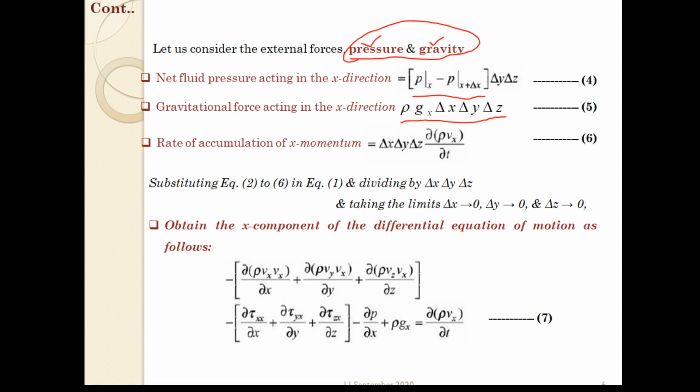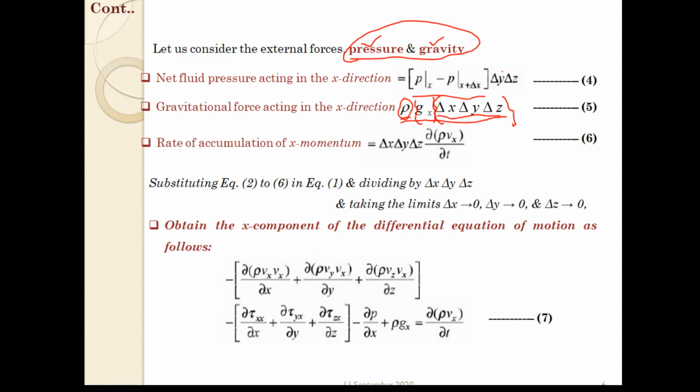The mass of the control volume is del x del y del z into rho, in kg. If you multiply this mass with gx, the x component of gravitational acceleration, we get the body force.